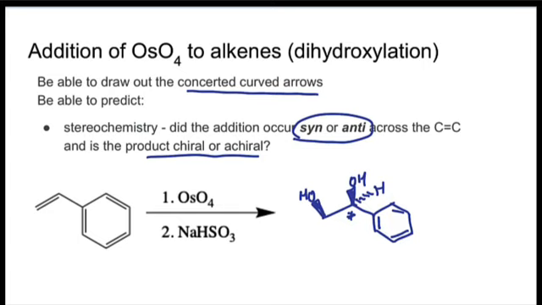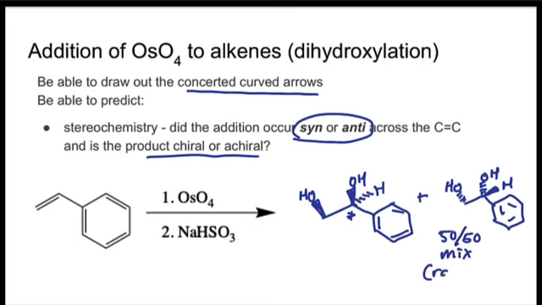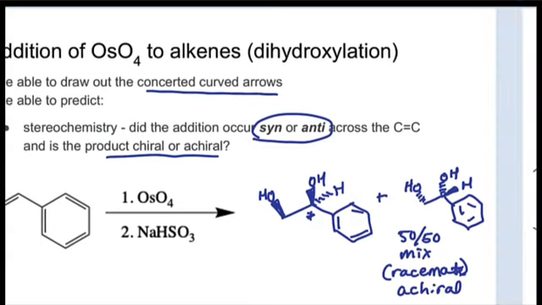In this case, there's a hydrogen atom pointed back there, so this is a stereocenter, but we also, with equal likelihood, will form the syn addition on the opposite face with the OH groups adding on the dash. So we've got a 50-50 mix of enantiomers, a racemate, and it's achiral.